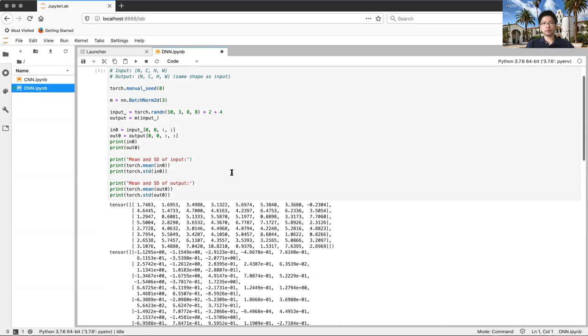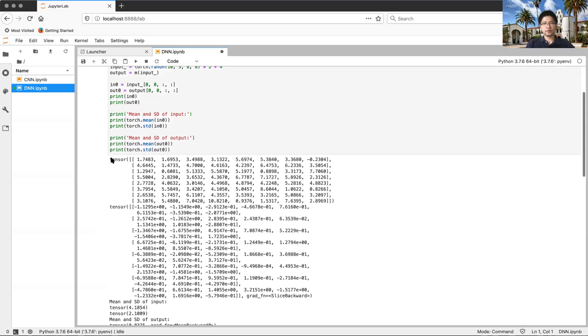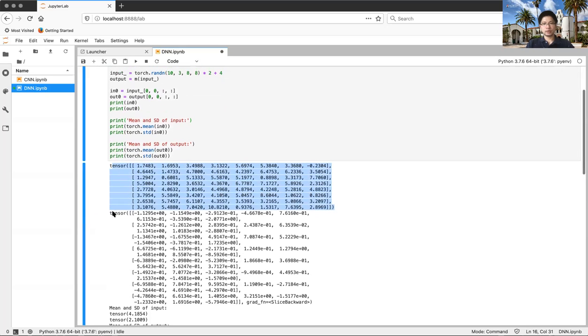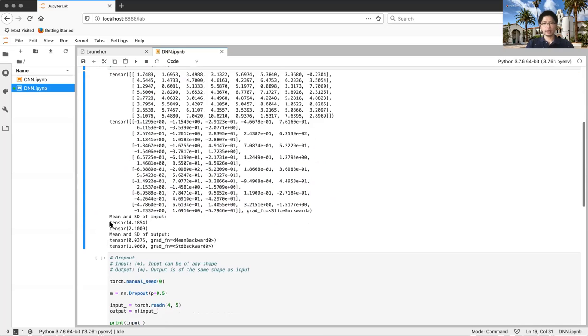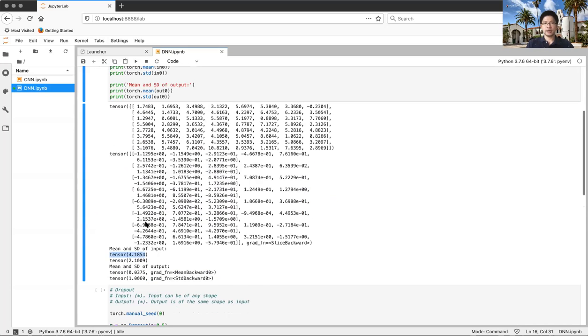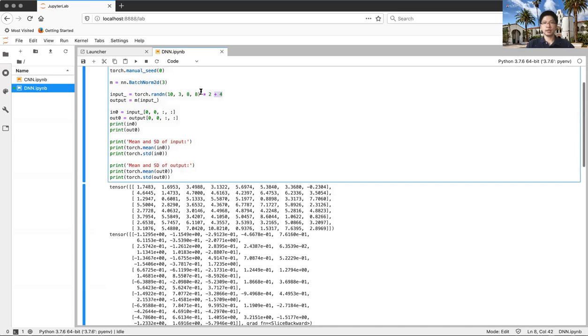In that way, we will see the function of batch norm on the input data. Okay, so after I run the cell and scroll down, I first print the input, right? The input is like this, and the outputs. So obviously it's much smaller in value, right? And if we look at the mean and the standard deviation of the inputs, the mean is around 4 because I added 4 here, right? To force it to scale up, and I multiplied the original random numbers by 2.